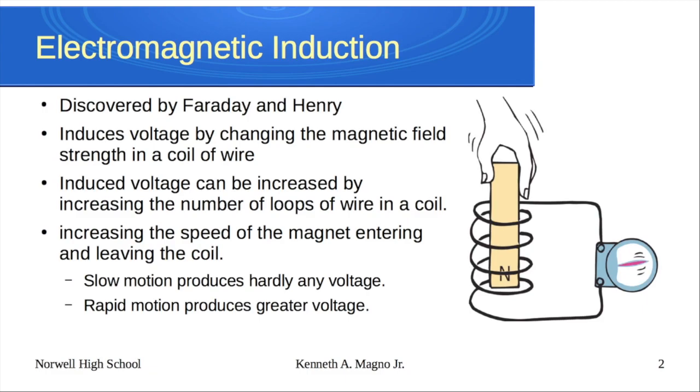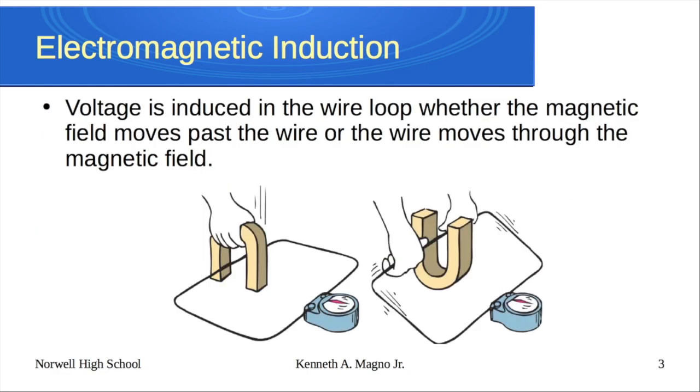That induced voltage can be increased by increasing the number of loops, or how fast we move the magnet. If I move the magnet faster, I get a greater voltage. If I move it slow, I might not get any voltage at all. The voltage can be induced by either moving the magnet near the coil or moving the coil near the magnet.